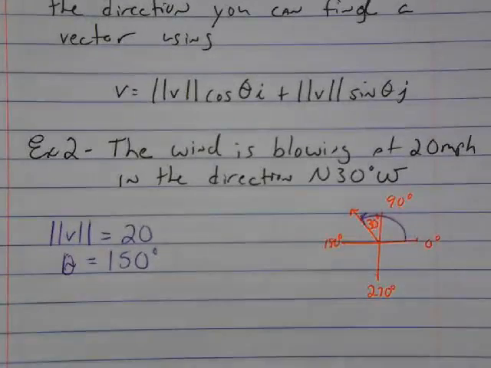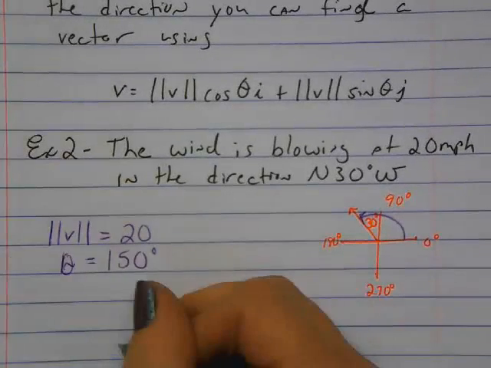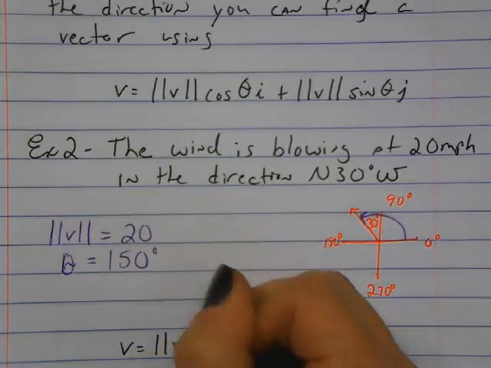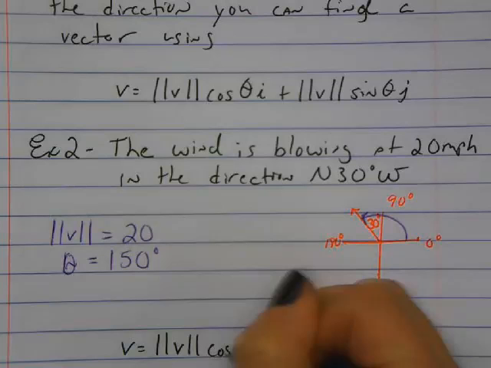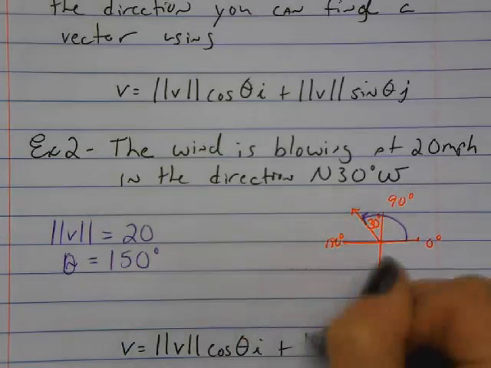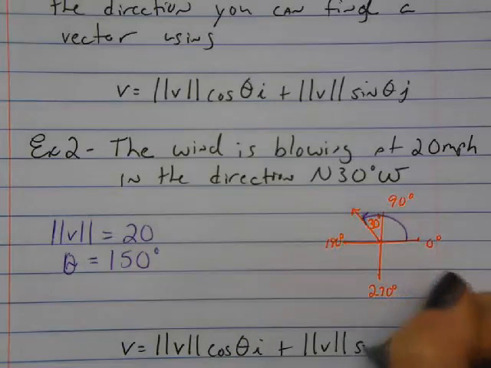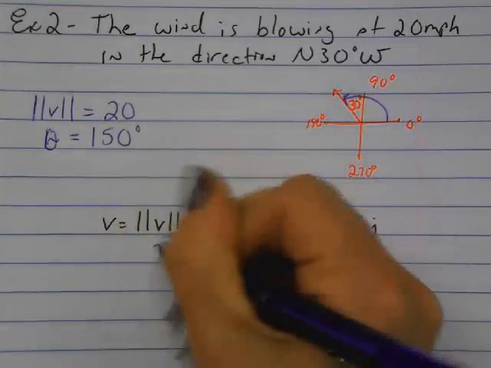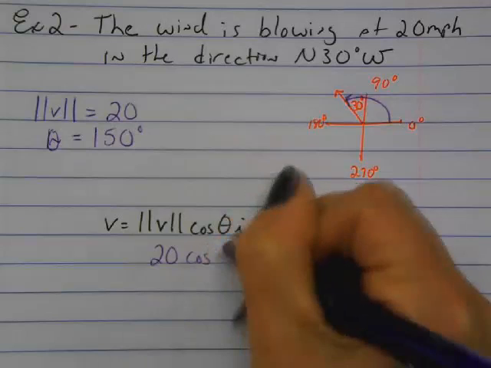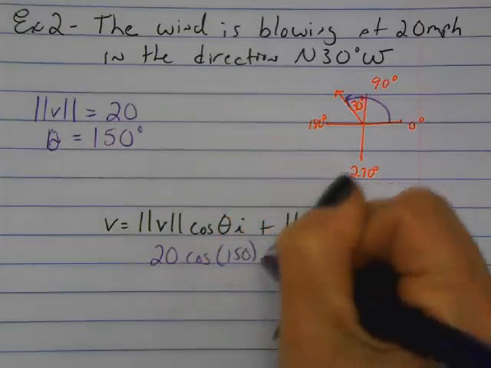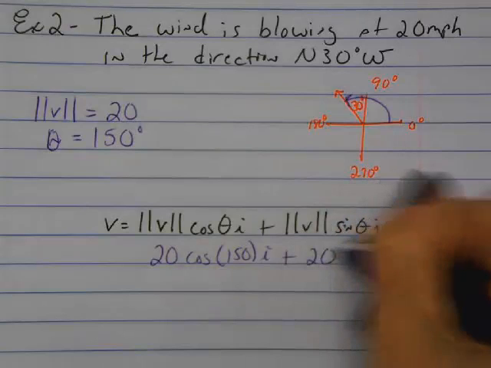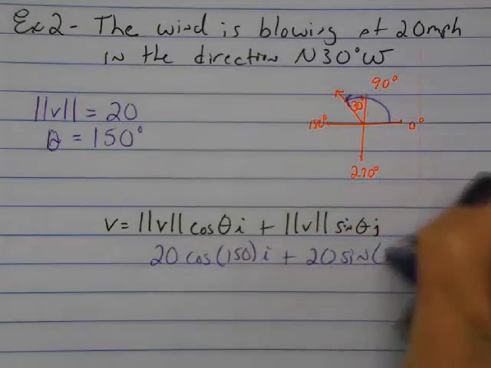So now I'm ready to plug into that formula, that my vector is the magnitude times cosine theta i plus the magnitude times sine theta j. We said our magnitude is 20: 20 cosine of 150, 20 sine of 150.